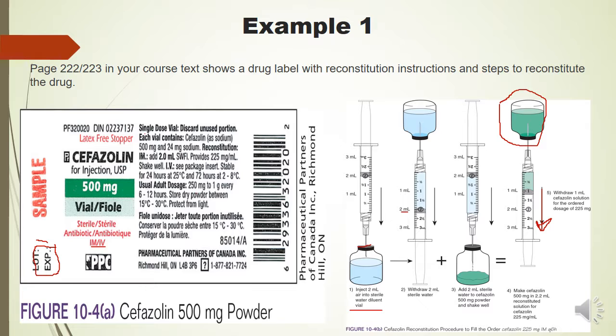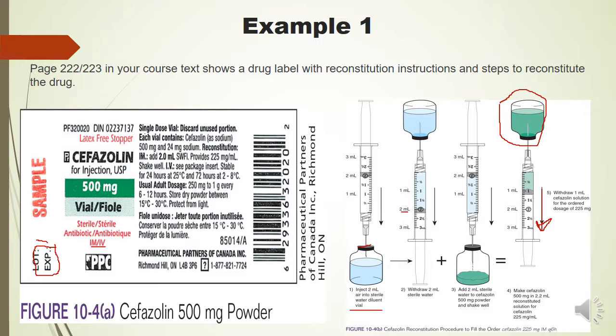Okay, so here, we're going to look, this is right from the textbook, okay, page 222 and 223, the course text. This is just a drug label, and then reconstitution instructions on how to reconstitute a medication.